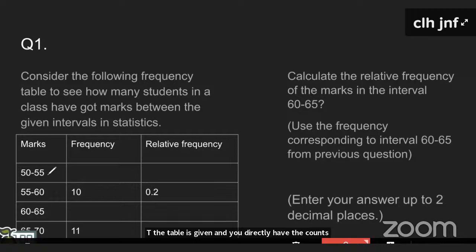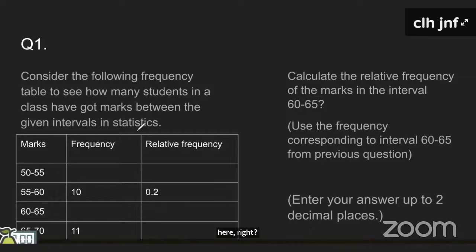So here, when you calculate relative frequency for a particular interval, you have to find the frequency, the count of people having marks between 50 and 55. Once you have this frequency, then for relative frequency you have to go like that only: frequency divided by total. That's all.